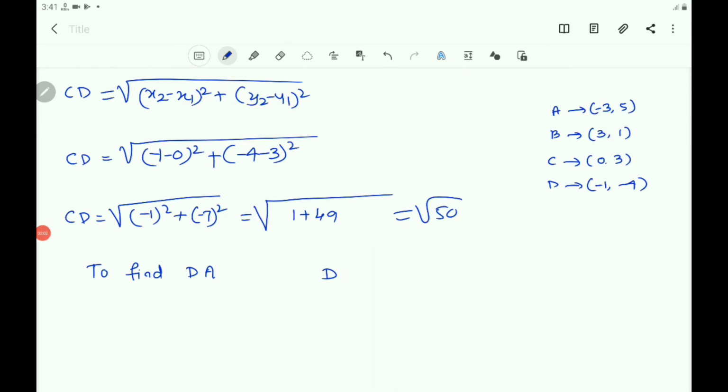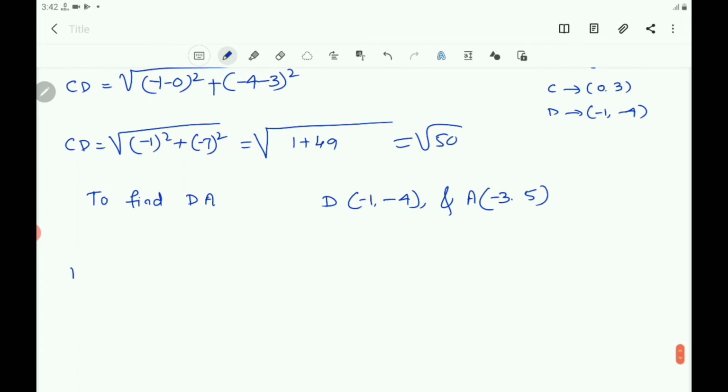To find DA, D is a point with coordinates minus 1, minus 4 and A is a point with coordinates minus 3, 5. Write DA or AD. DA equals square root of x2 minus x1 whole square plus y2 minus y1 whole square.